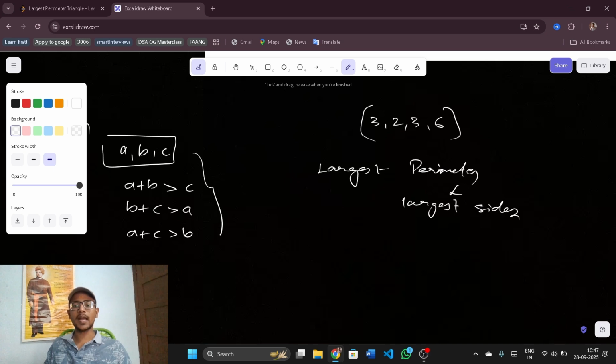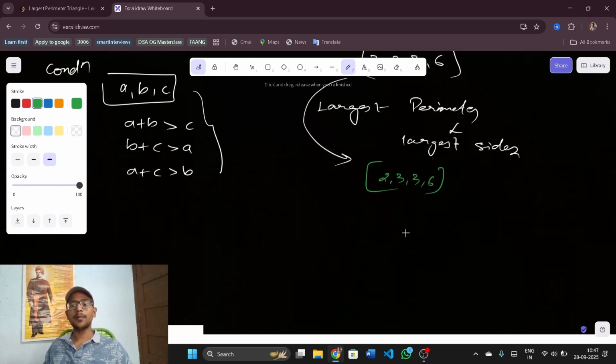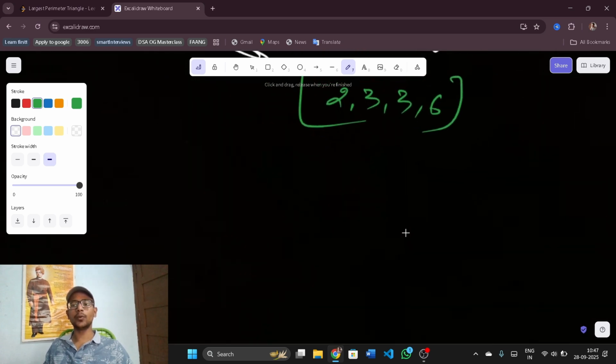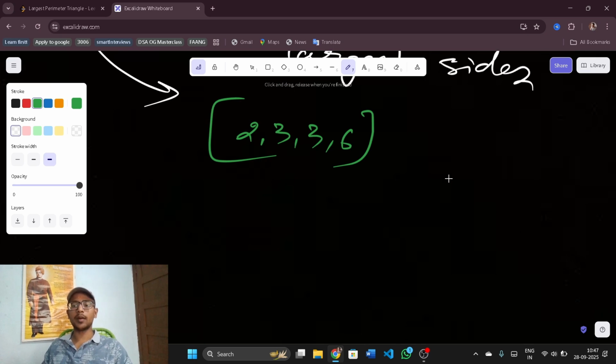So to get the largest sides, I'll just sort them so that I'll get 2, 3, 3, 6. Now if I take these three, I only need to care about whether 3 plus 3 is greater than 6. That's it. Why?